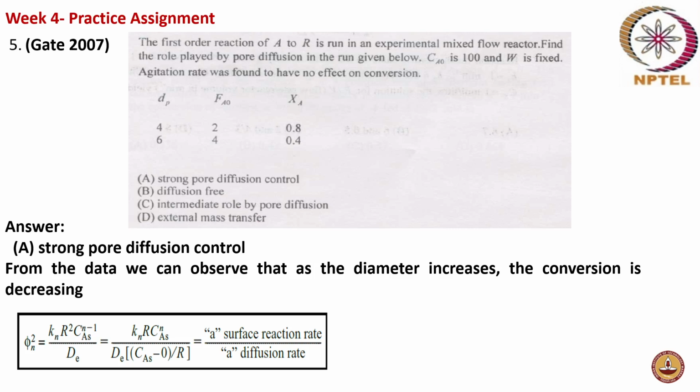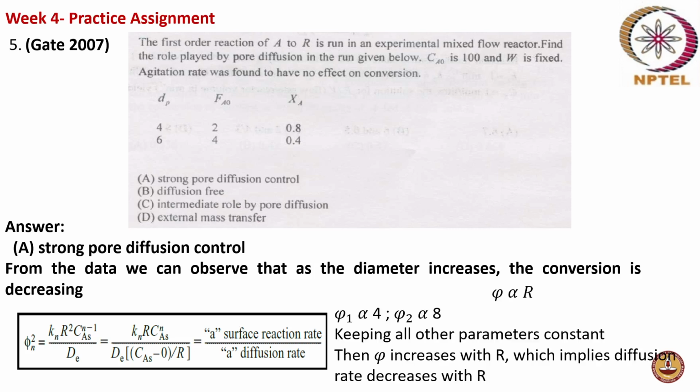So Thiele modulus, you have this relationship where it gives the ratio of surface reaction rate to the diffusion rate. And your Thiele modulus is proportional to R when all other parameters are constant. So for the first case, it is proportional to 4.